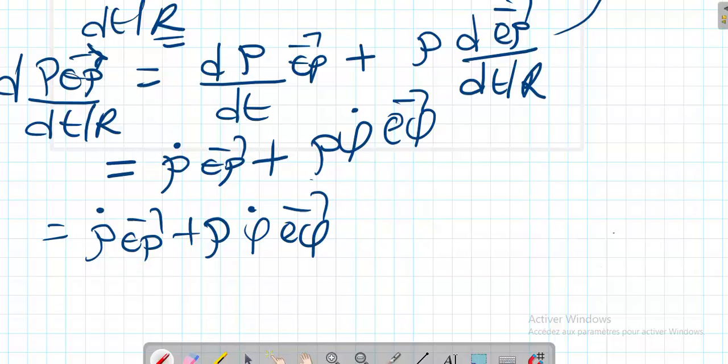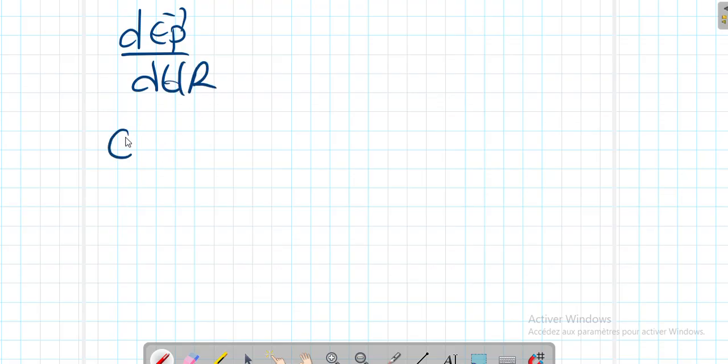So alternatively, here's how you find the derivative of E rho with respect to time in R. So you first define your E rho.